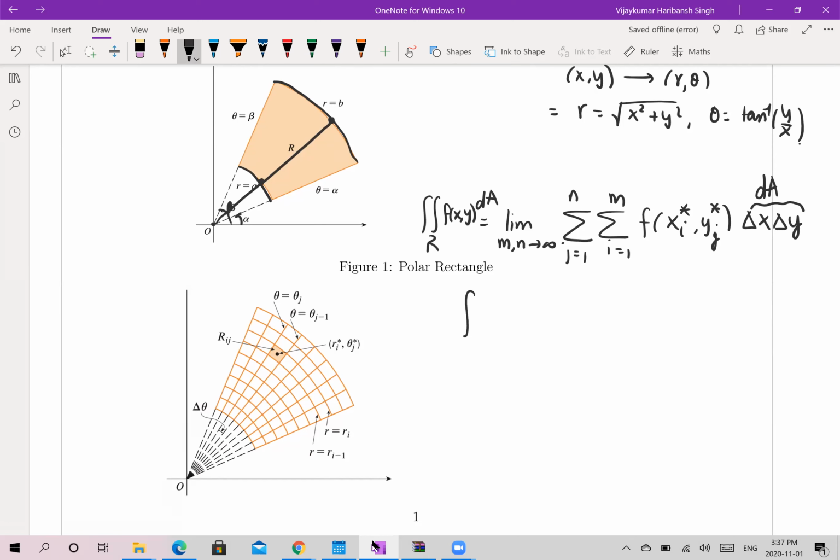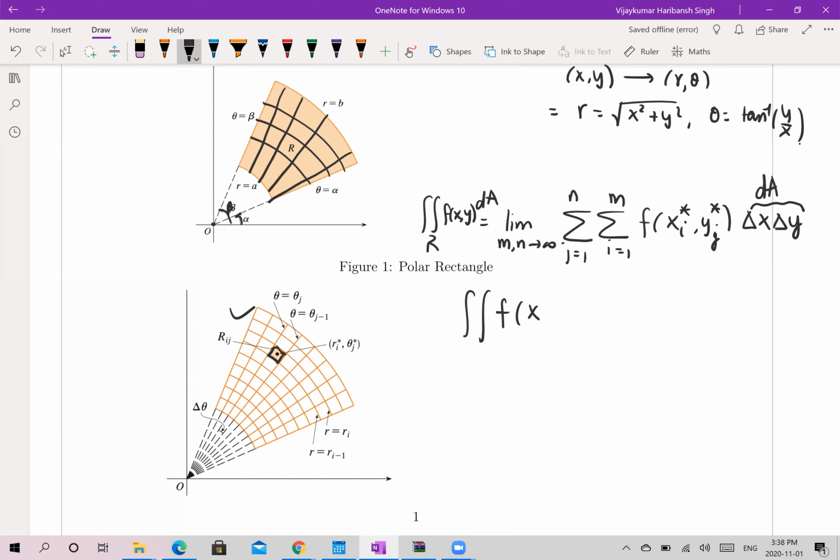We would like to replace x and y. The premise is you start with a polar rectangle of this form. Then you subdivide it into smaller polar rectangles like that, so we get something of this form.